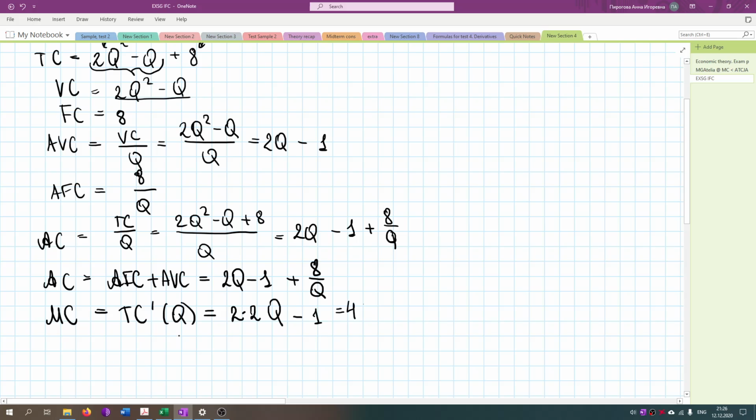So our marginal cost is equal to 4q minus 1.